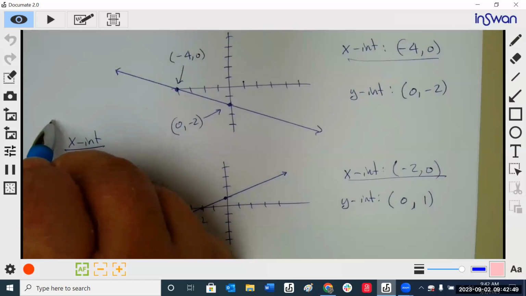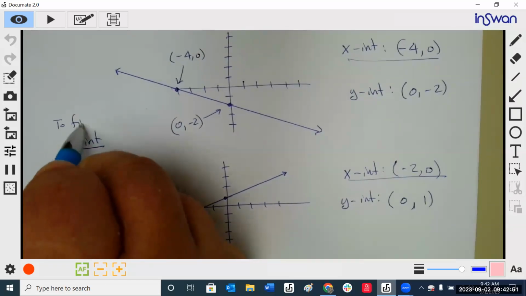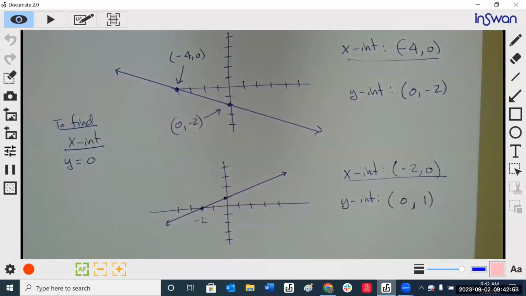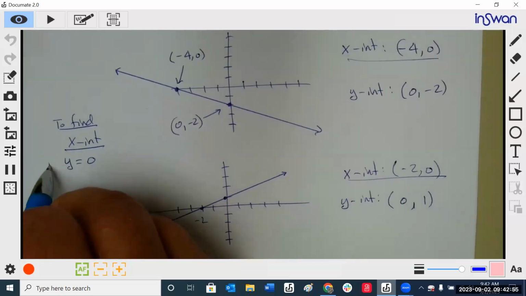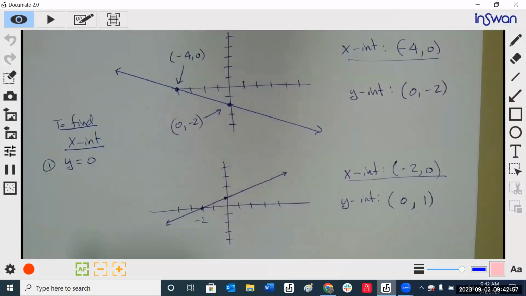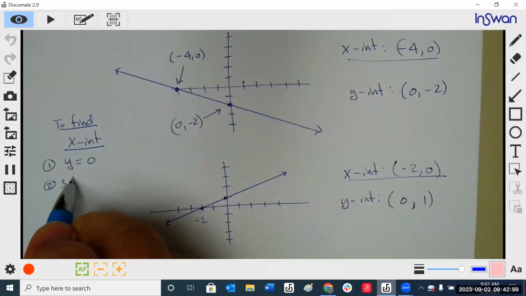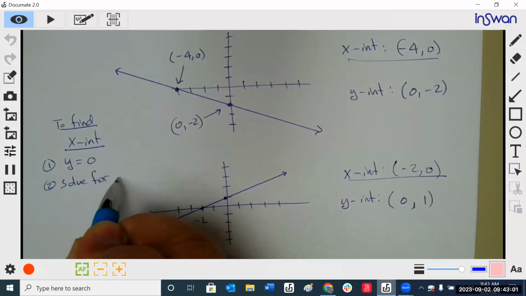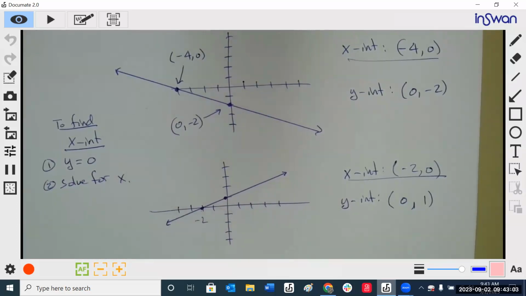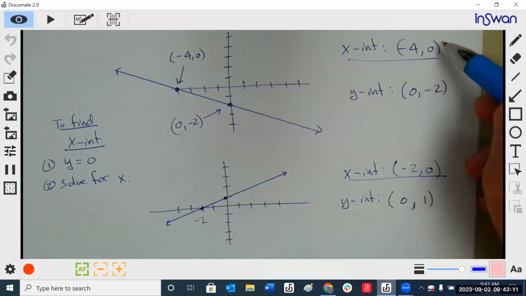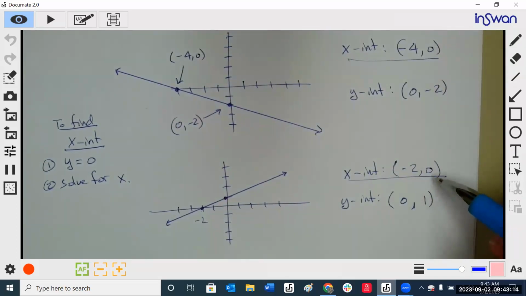So here are the steps to find the x-intercept. First, set y equal to 0. Then solve for x. That's all there is to it, because for the x-intercept, we cannot have any y's.